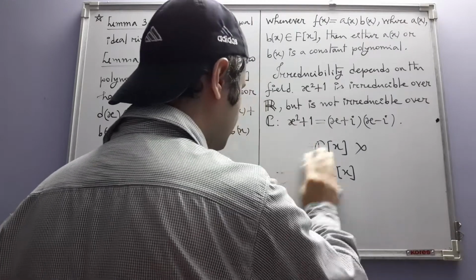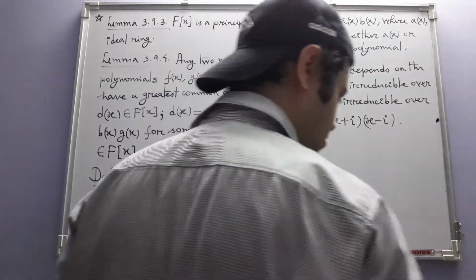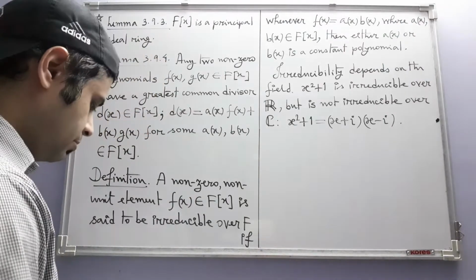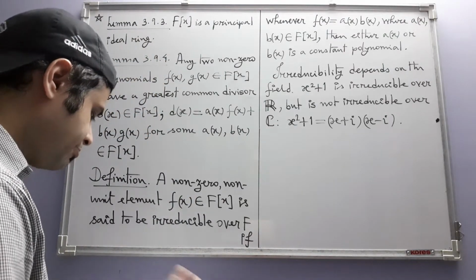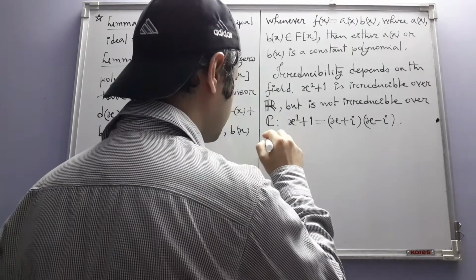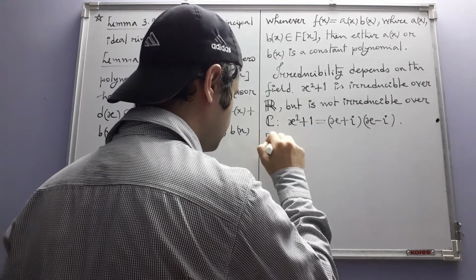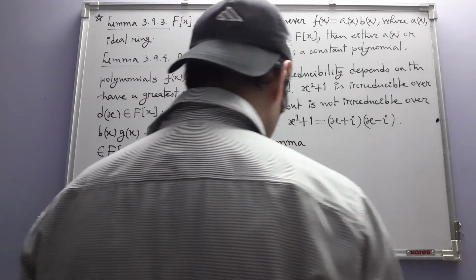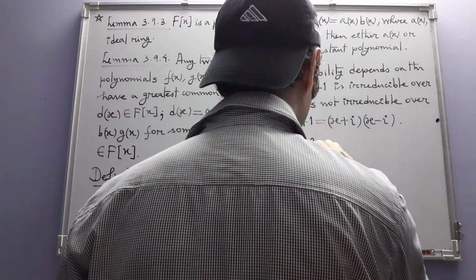Okay, so now we are going to state the version of the unique factorization theorem in this setup. So this is lemma 3.9.5.